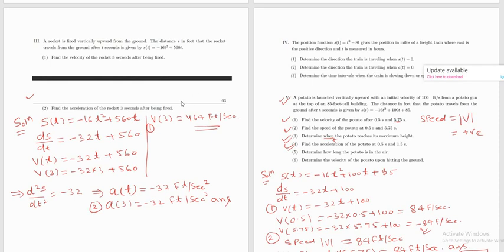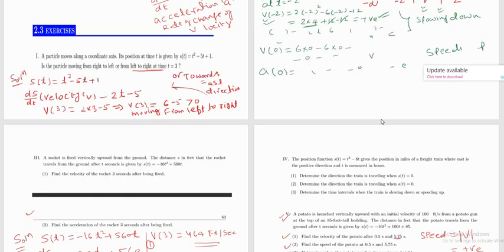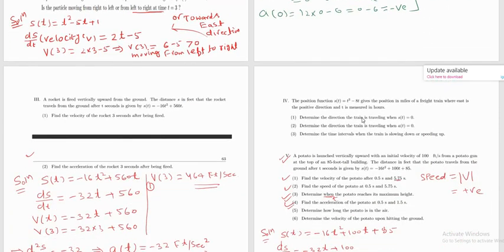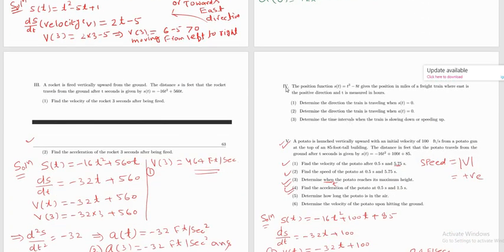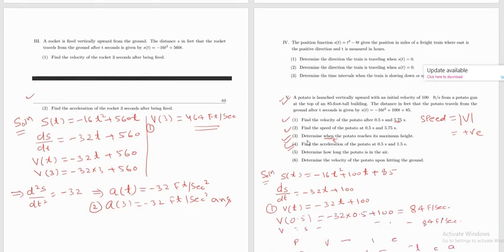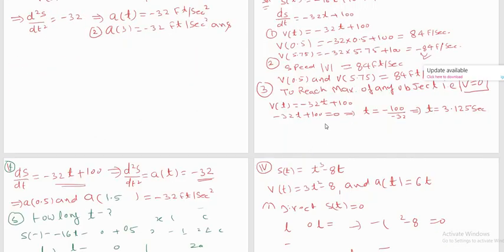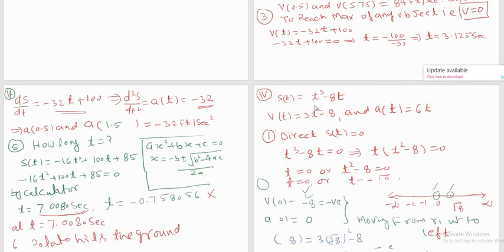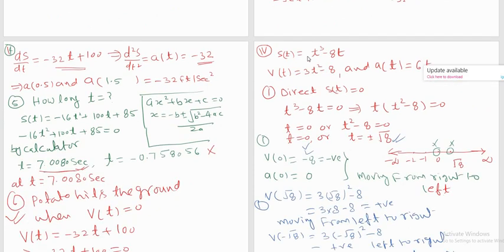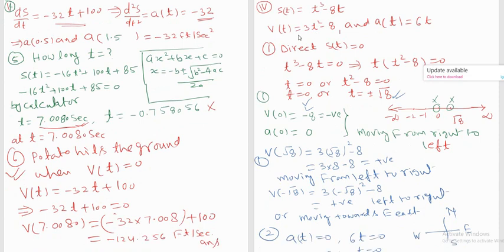Again, if we are going to decide speeding up or slowing down, we need to find the velocity and acceleration. So what do we have to do? s(t) is given here: t cubed minus 8t.